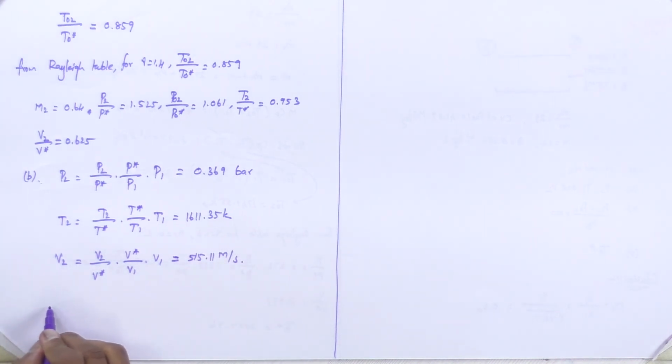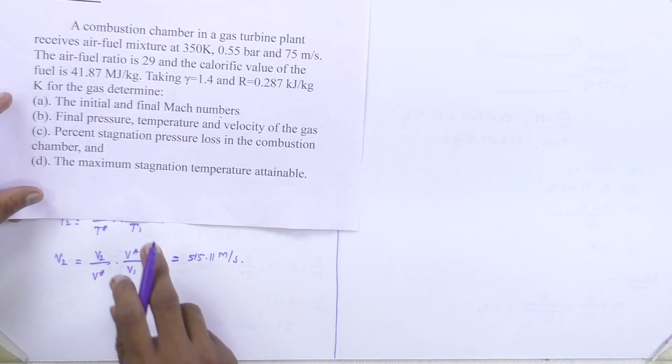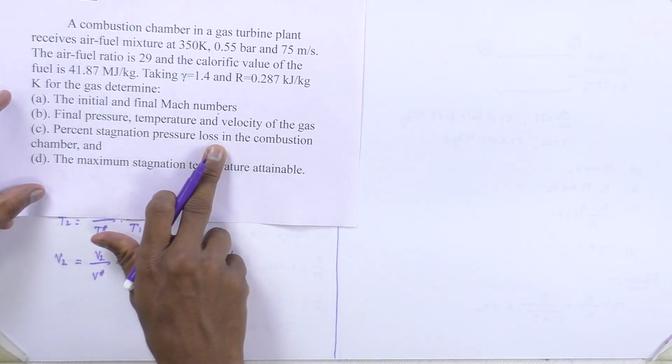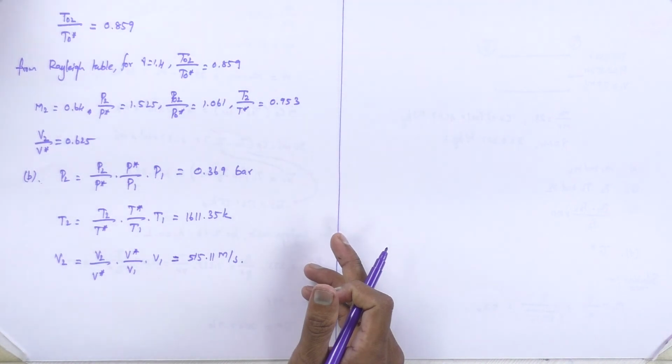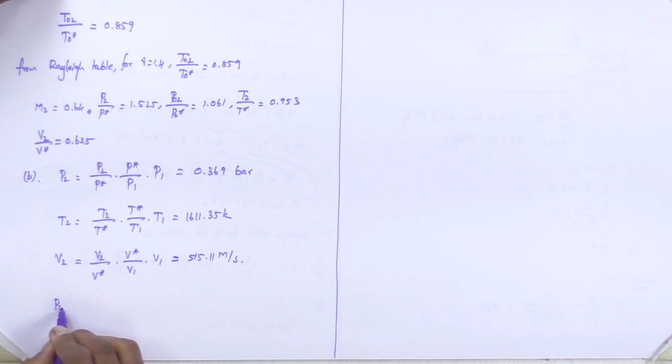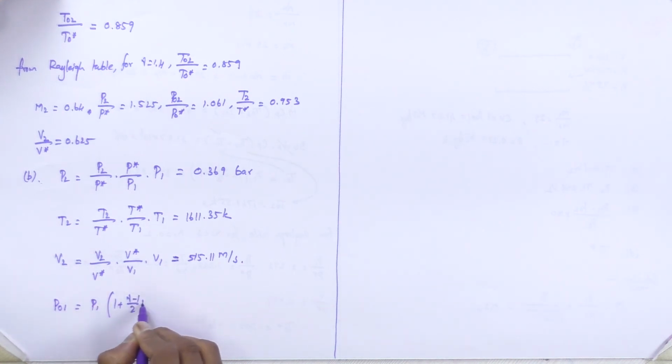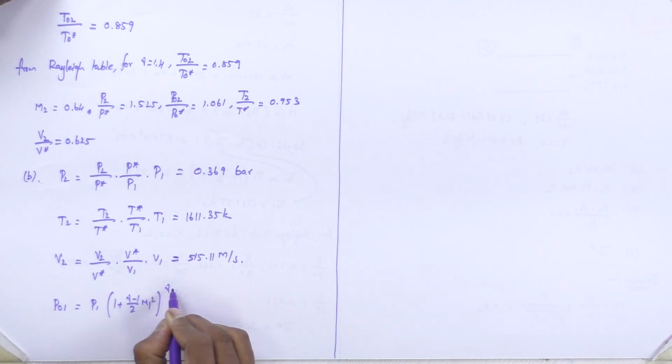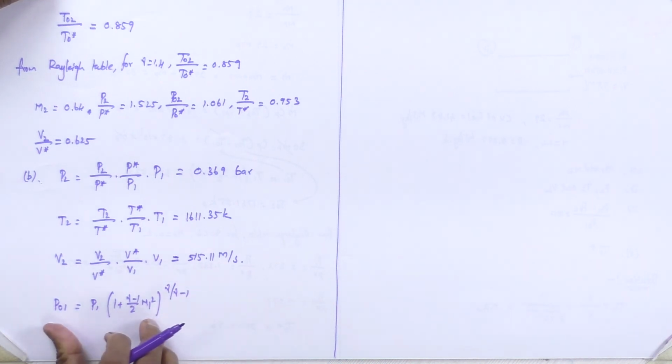Then we need to calculate the percentage stagnation pressure loss. For that we need the values of P02 and P01. P01 is equal to P1 into (1 plus gamma minus 1 by 2 M1 square) whole power gamma by gamma minus 1. This relation we referred from the stagnation isentropic relation.